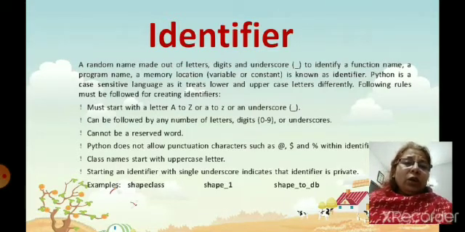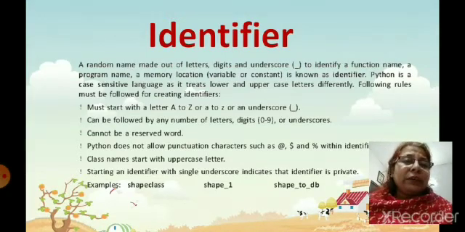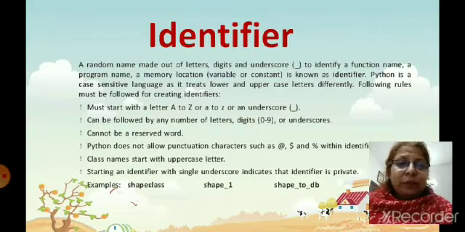Okay. Now there are some rules for giving names, giving identifiers to the variables. Must start with a letter. You can use an underscore only. Can be followed by any number, or after an underscore can be followed by numbers.